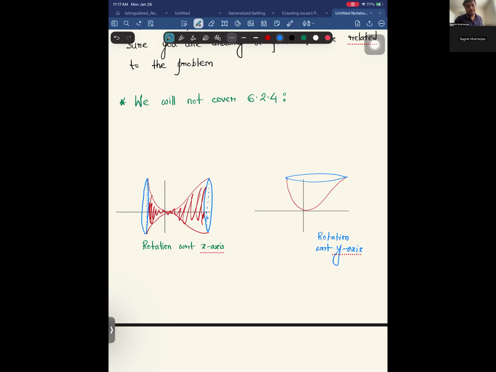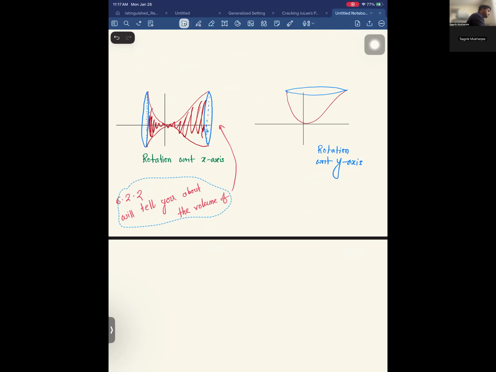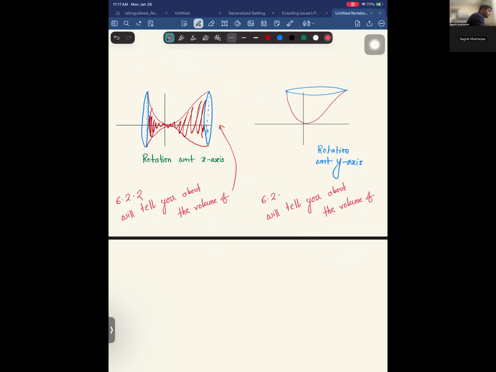Now the question is, what are the volumes of these? Section 6.2.2 will tell you about the volume of this, and 6.2.3 will tell you the volume of this. That's it.